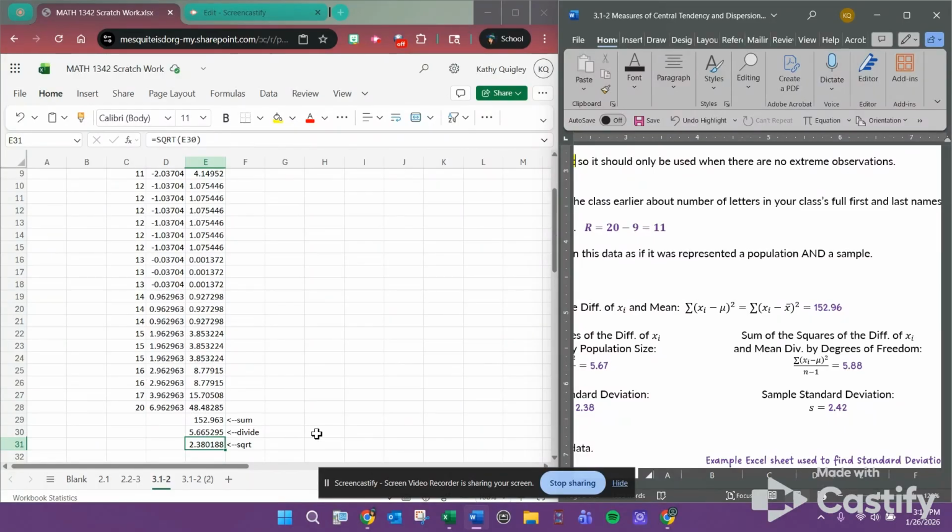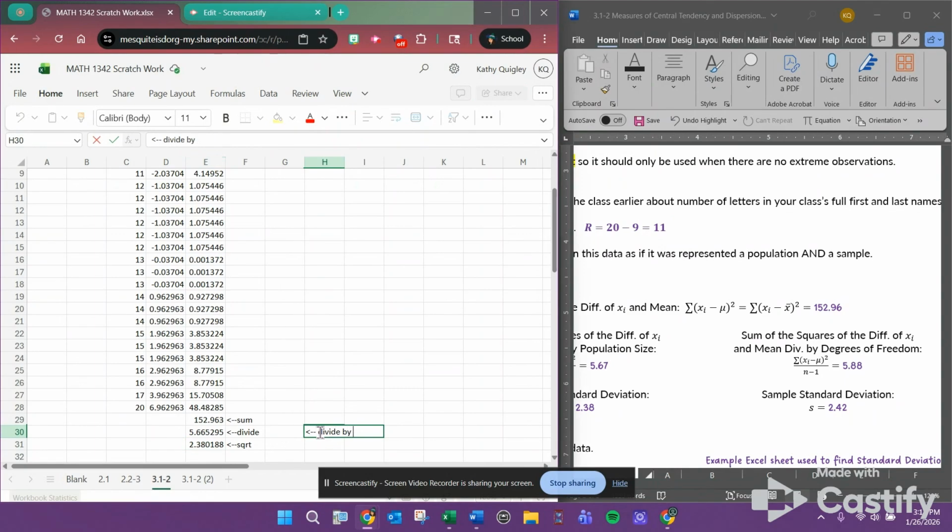So I take the sum and I divide by my population minus 1, or sample size minus 1. Again, we're just assuming at this point we are working with a sample. Then we can just take the square root of that value, and voila, I have the sample standard deviation. I guess I should call this the square root.